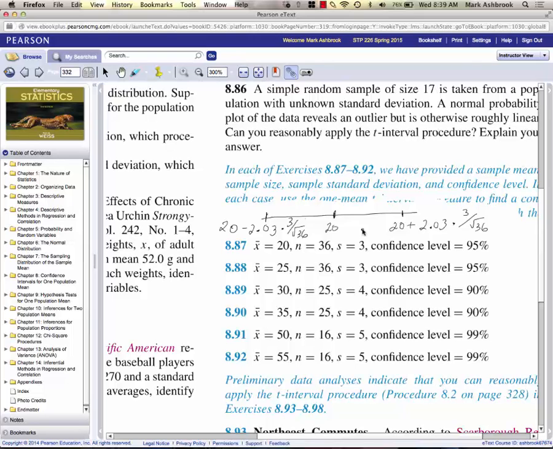So when you don't have the population standard deviation, you only have the sample standard deviation, that is a new distribution. It's the t distribution. And so to get our t, we need to use the chart, knowing degrees of freedom and our confidence, but then the formula looks the same, right?